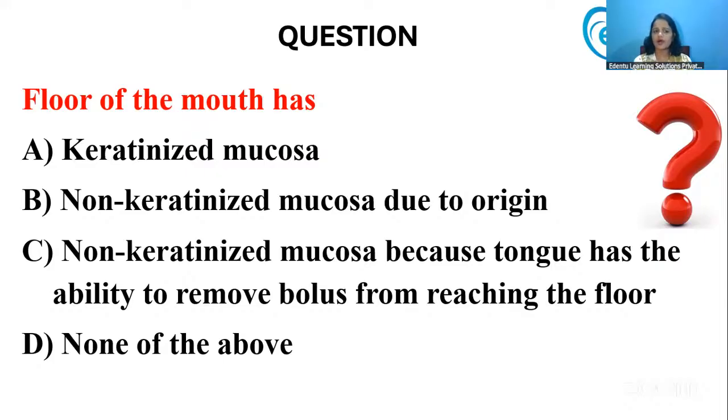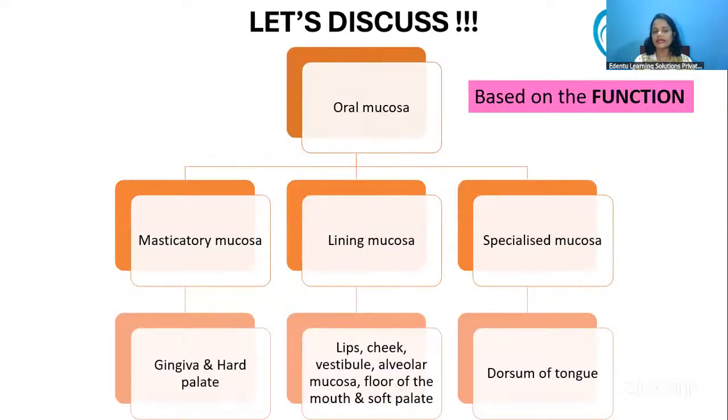Before answering this question, you have to know the types of oral mucosa. Remember this term: based upon the function, not origin. Based upon function only, the oral mucosa is divided into three types: masticatory mucosa, lining mucosa, and specialized mucosa.